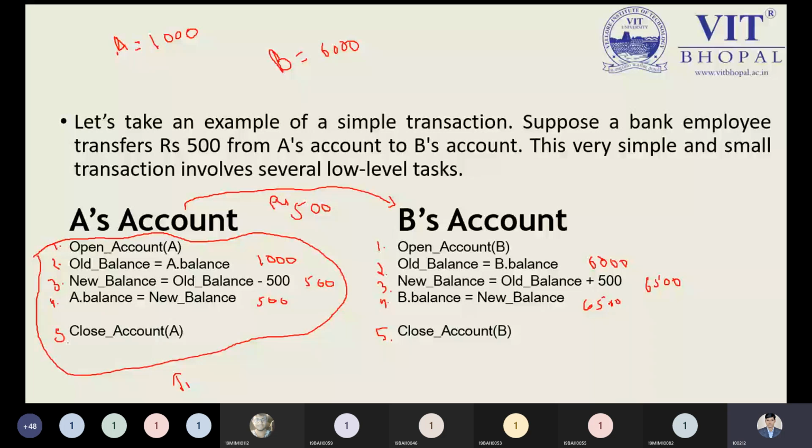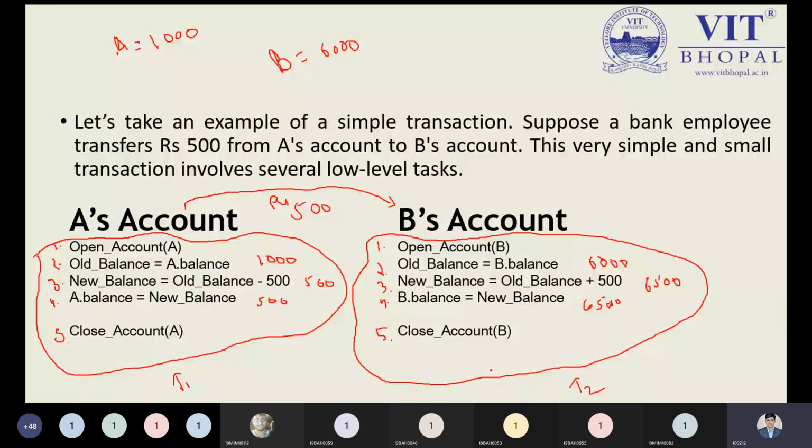Again, this is also known as transaction T2. So how many transactions do we have here? Two transactions. One is transaction T1 and another is transaction T2. So T1 and T2 are the two different transactions by which one account will be debited and one account will be credited. So this is the simple meaning.